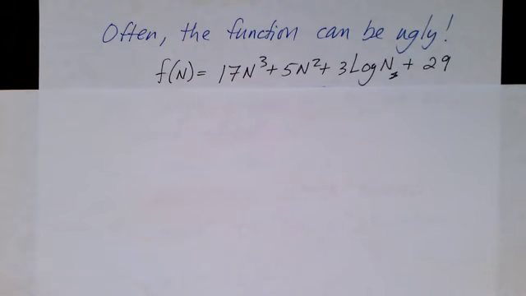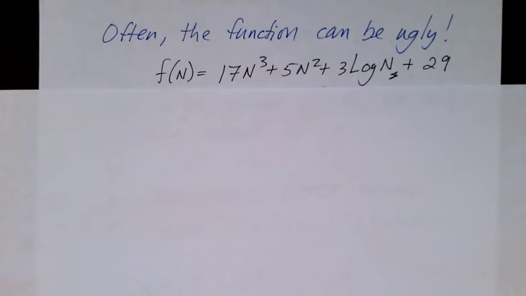So given a particular Turing machine, or given an algorithm described in your favorite programming language, let's assume that you can come up with a function to describe exactly what the maximum running time might be for all inputs of a given size. Generally, that function is going to be very complex and very ugly.